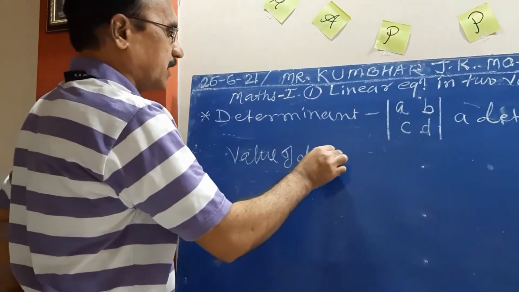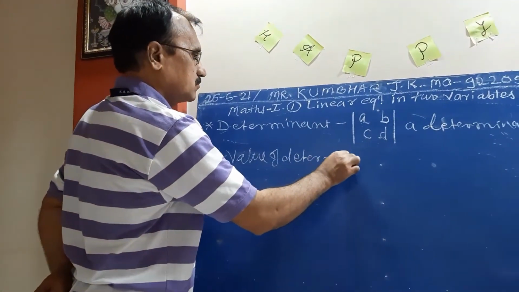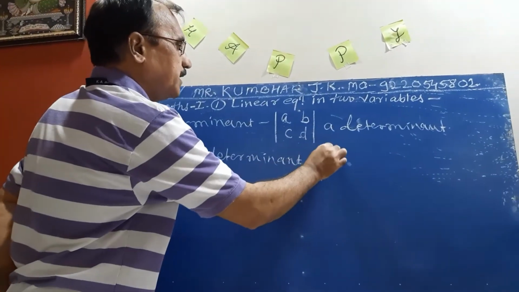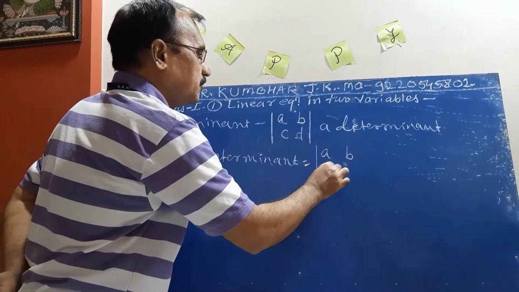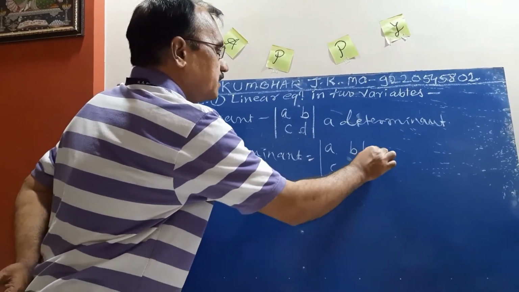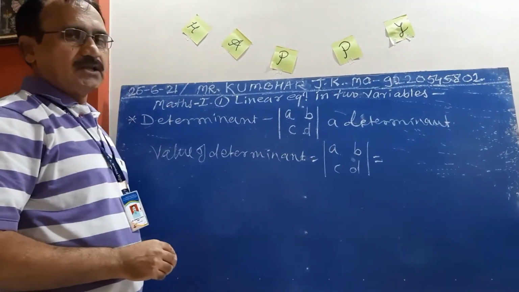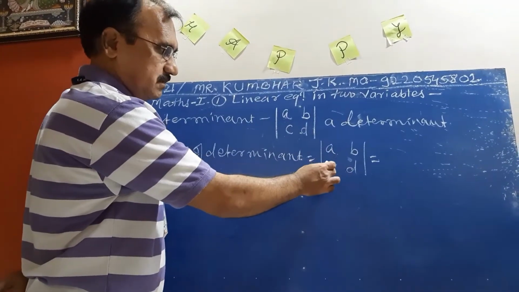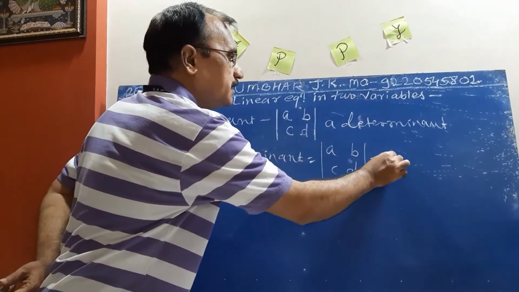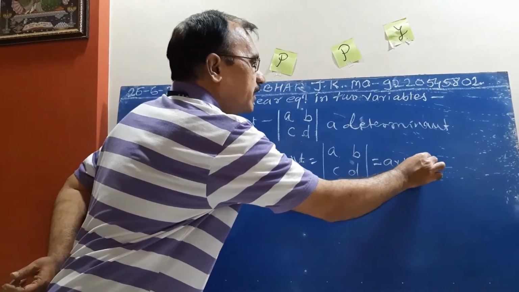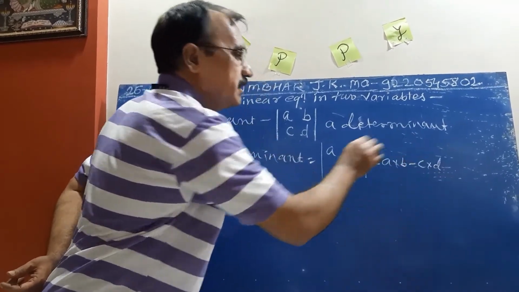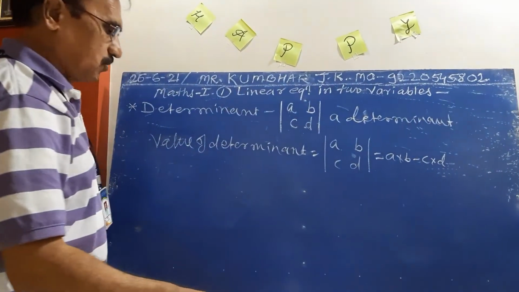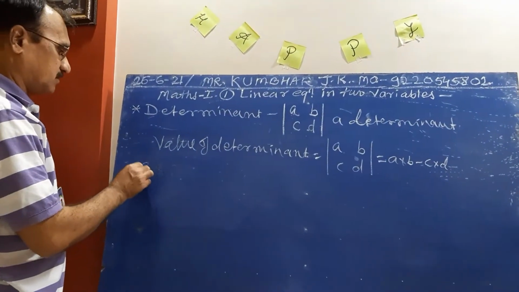The value of determinant A, B, C, D is equal to, for finding the value of determinant, multiply A into D minus C into B, that is A into D minus C into B is the value of the required determinant.